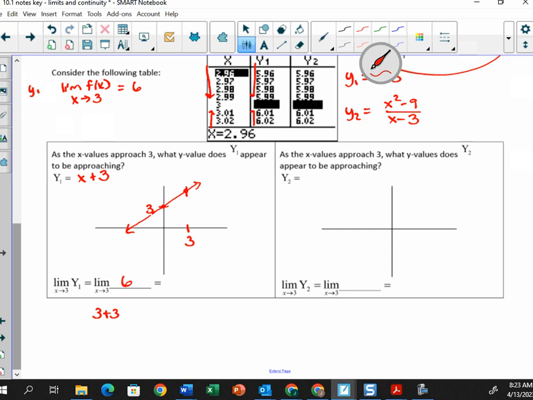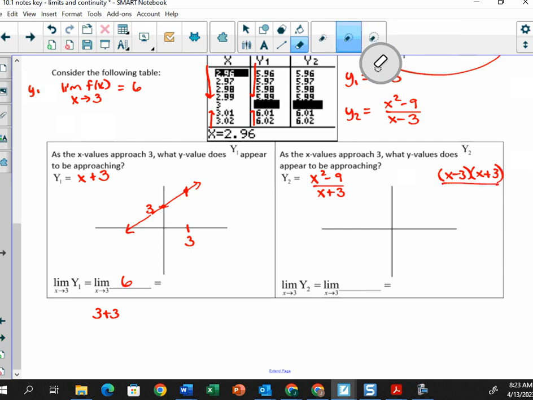There's your limit. Now let's think about the second equation, x squared minus 9 over x minus 3. Well, what does x squared minus 9 factor into? It's x plus 3, x minus 3. It should say minus on the bottom, thanks. Yeah, I wrote the wrong one. Too many 3s.